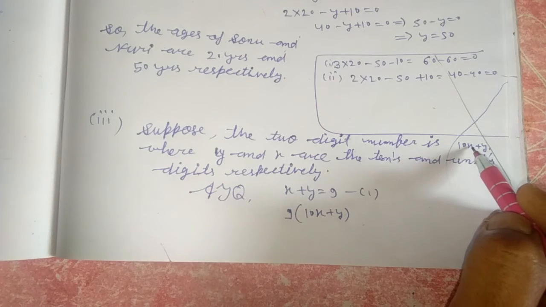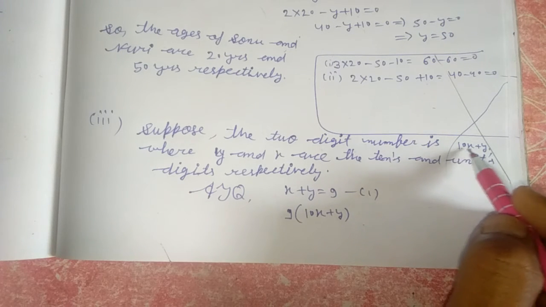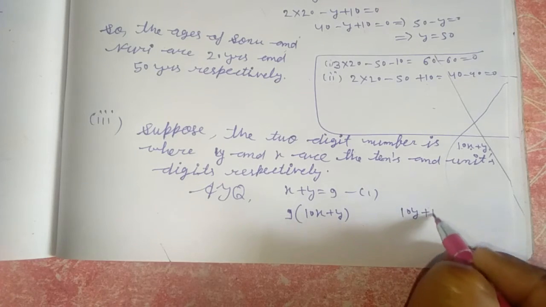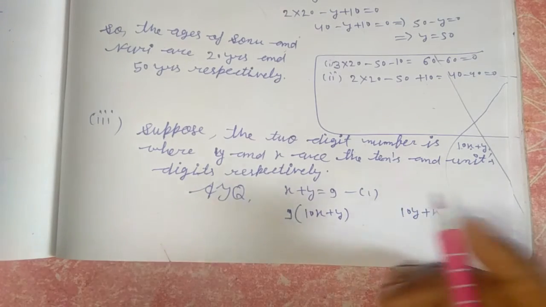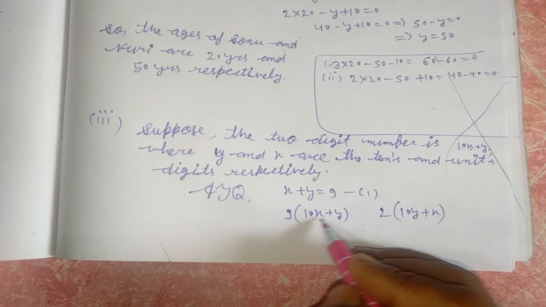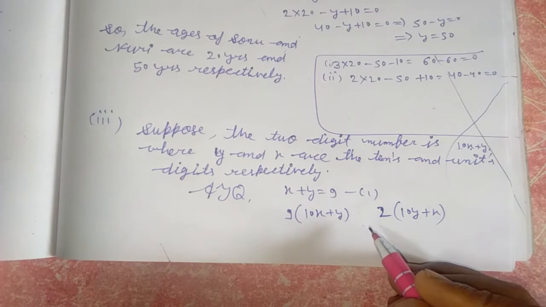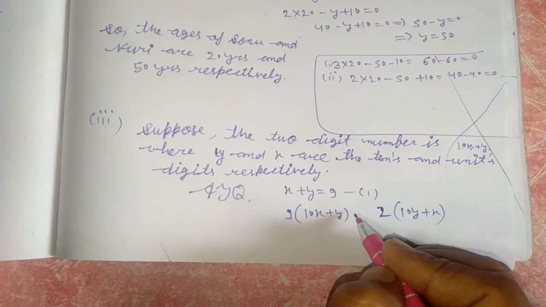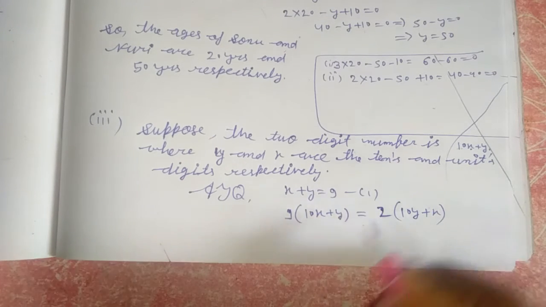If we reverse the order of the digits of this number, x is replaced by y and y replaced by x, then we will get 10y plus x. 9 times this number is twice the reversed number, means equal.